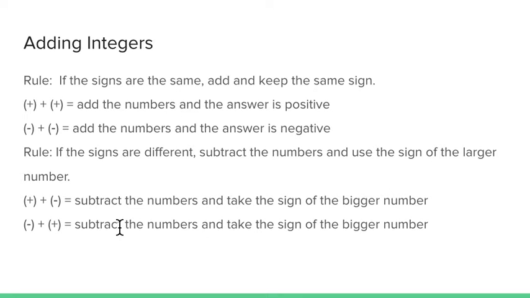So if I had a positive number plus a negative number, I subtract those two numbers from each other, and then see which of those two numbers was the larger number. If the positive number was the larger number, I'm going to put a positive symbol in front of my answer. And if the negative number was the larger number out of the two, then I'm going to put a negative symbol in front of my answer.